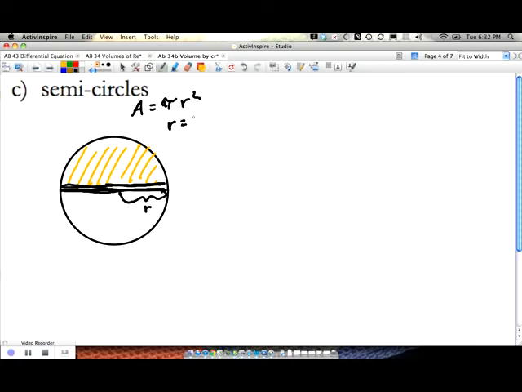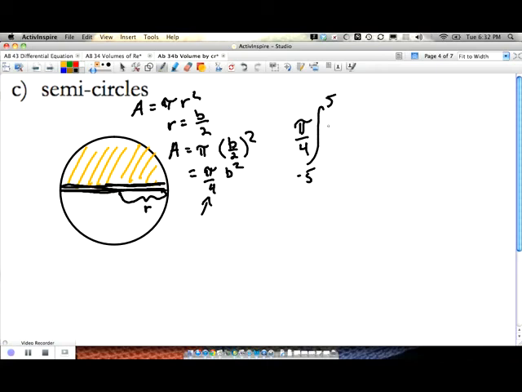So r equals the base divided by 2. Then the area is pi times b over 2, quantity squared, which simplifies to b squared over 4. So let's have pi over 4. There's my constant. So again, I'm going from -5 to 5. My constant's pi over 4. And I'm looking for 2 radical 25 minus x squared, all quantity squared, dx. There's my volume.